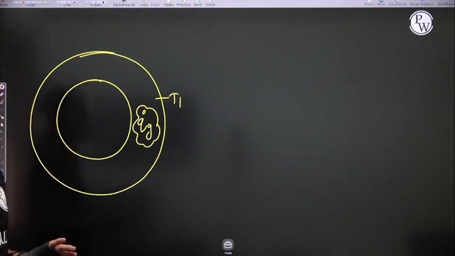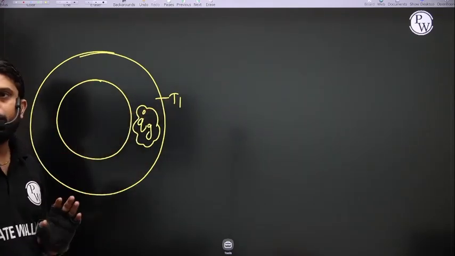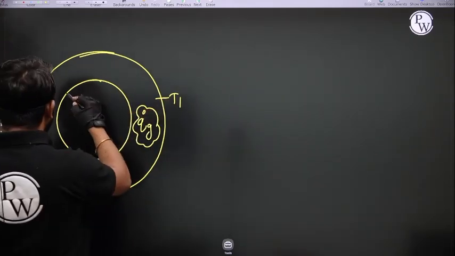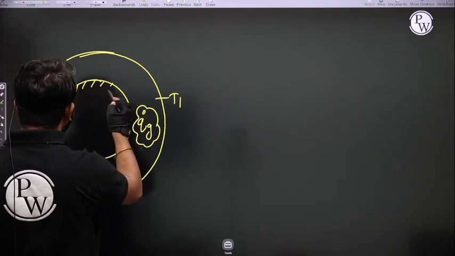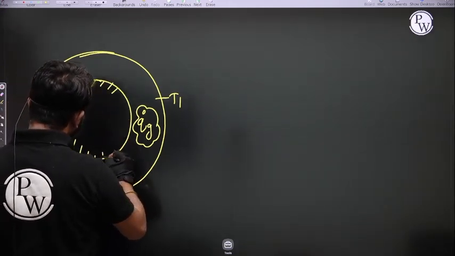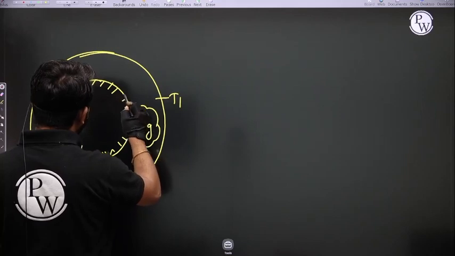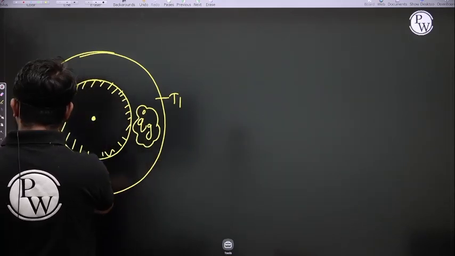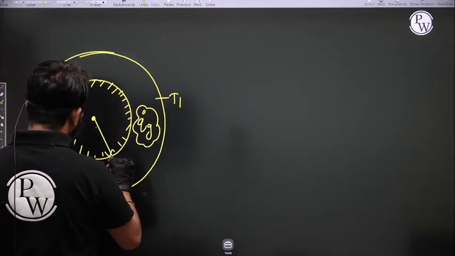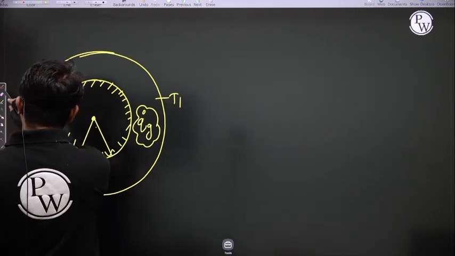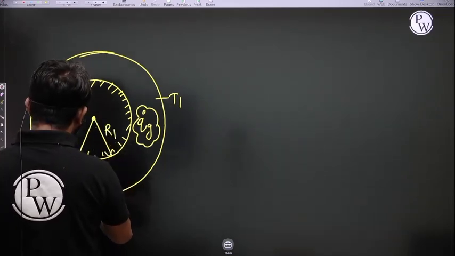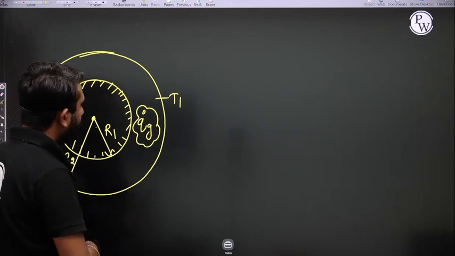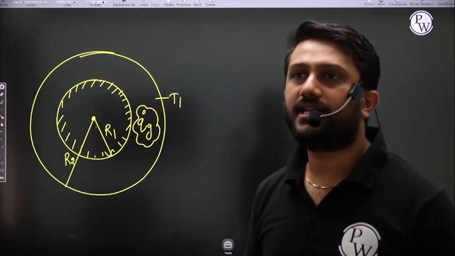Because of this internal heat generation, this face has temperature T1, and let us assume the inner face is adiabatic. This is the radial distance R1, this is the radial distance R2. So this is the hollow cylinder with uniform internal heat energy generation.